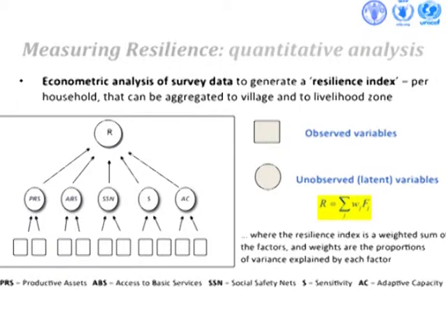Now this is where the REMA comes from. So on the left is the alchemy of it. That R at the top is the resilience index. So it's a latent variable derived from 5 other latent subvariables. So this is basically the analytical framework. The one on the left is productive sectors, livelihoods related.